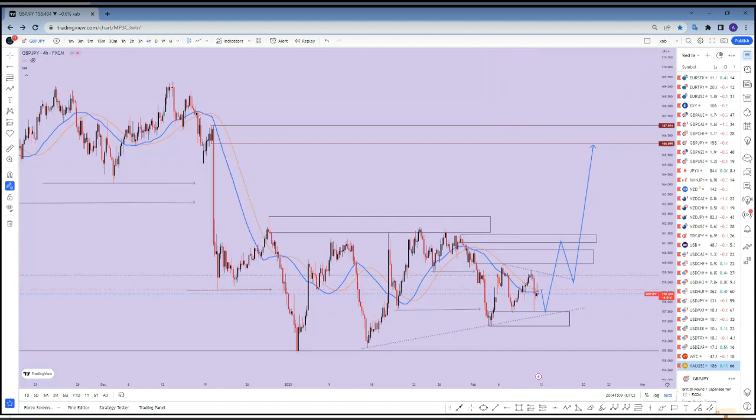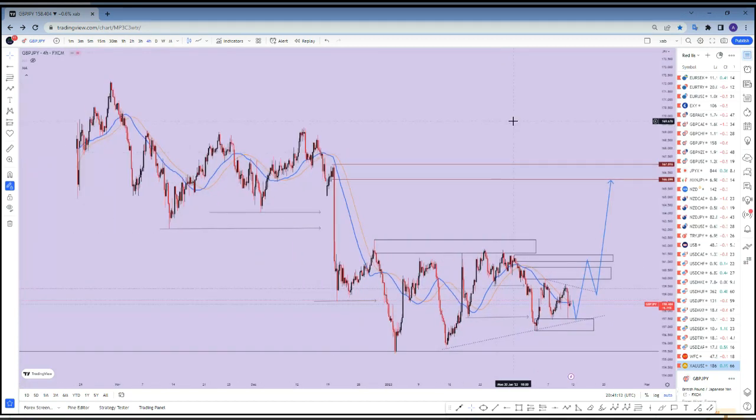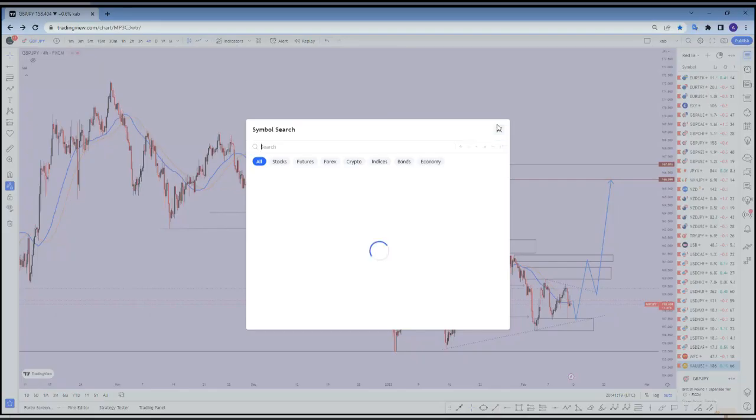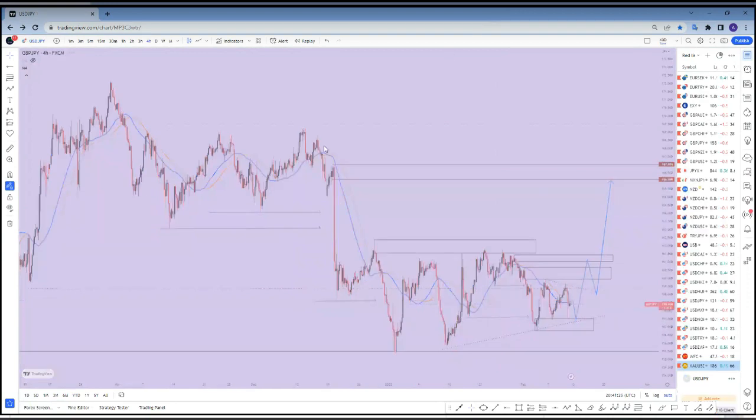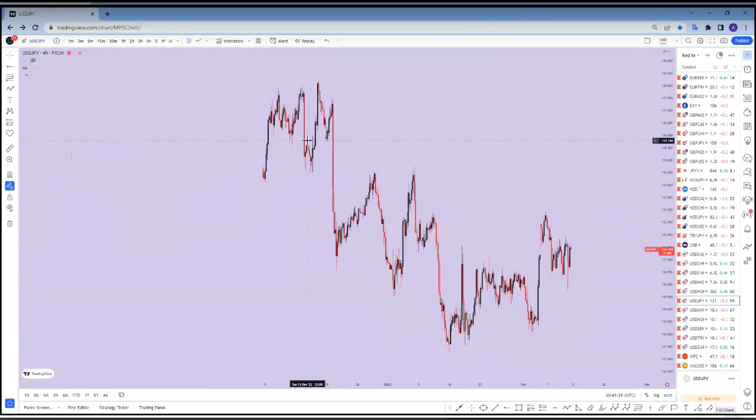So this is my expectation from GBPJPY. As a tribute, we can look at USDJPY, even though nobody has requested that. Let me do that, and then we finally go to the trade of the week.